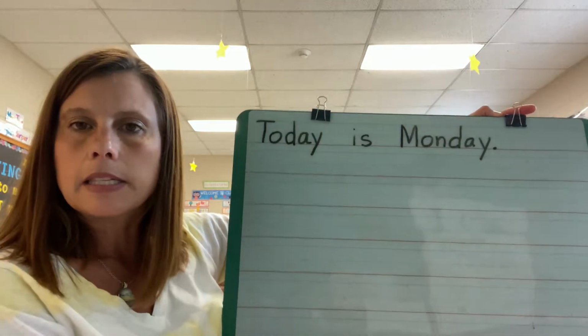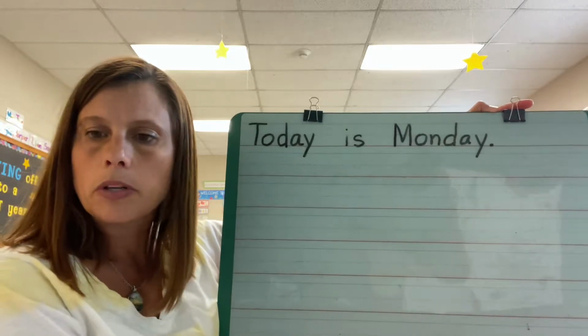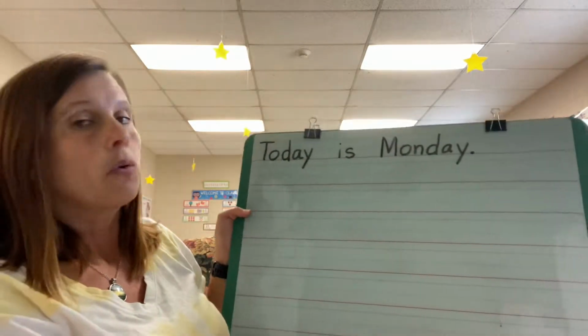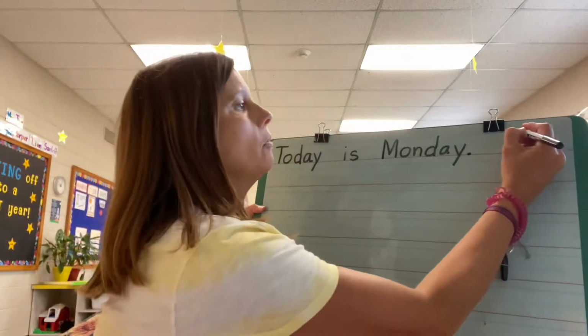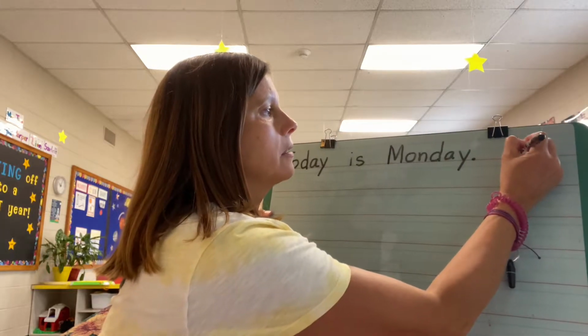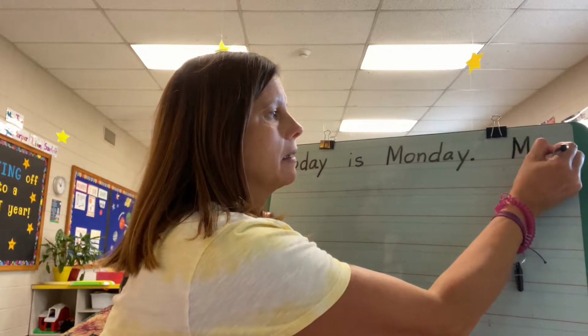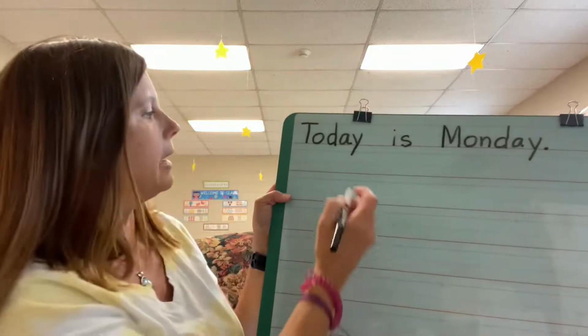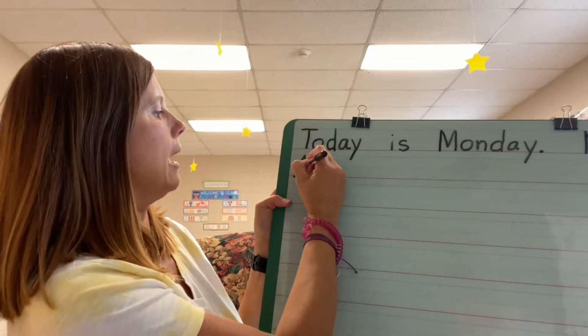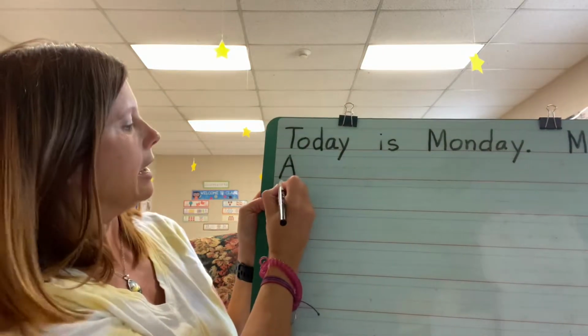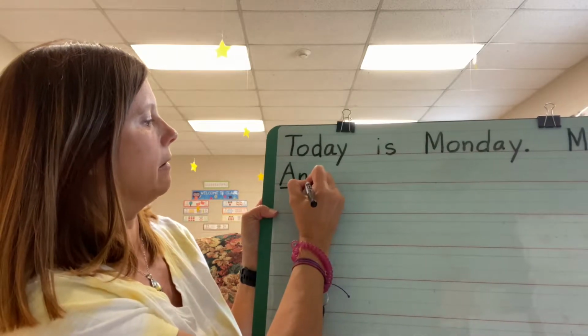And the next sentence that I'm going to write is "Miss Amy is going to read us a story." So again, we always start with a capital letter. So Miss, and then Amy is my name also, so that's going to have a capital A, and A is going to be our letter next week.